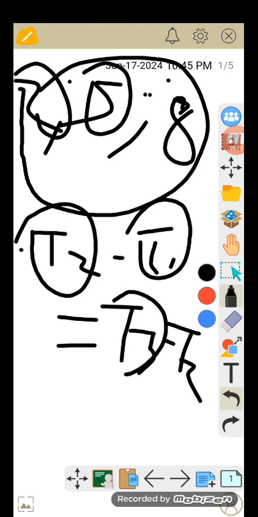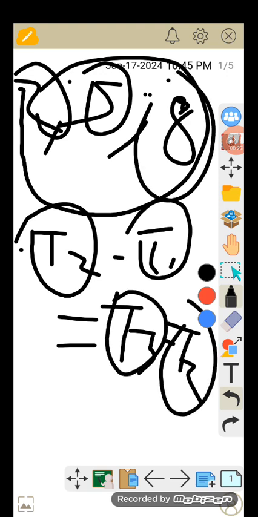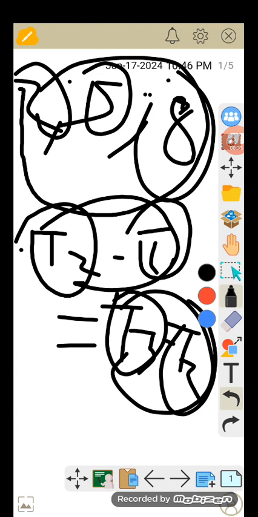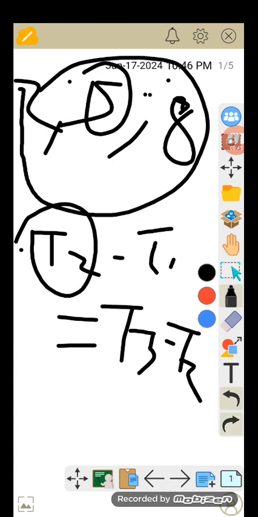Here I'm going to sub my third term, which is 8. Here I'm going to sub my second term, which is 5. Then I must get the same answer on the left and on the right of my equation. Therefore, I have proved that my sequence is an arithmetic sequence. You see, guys?